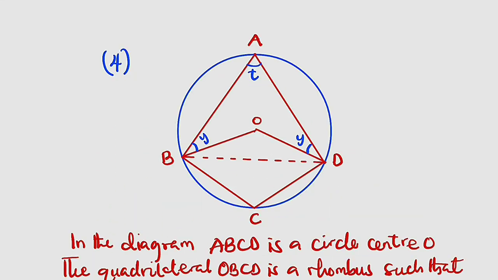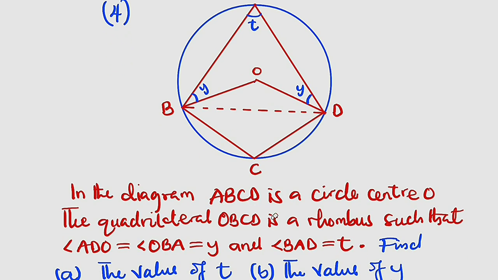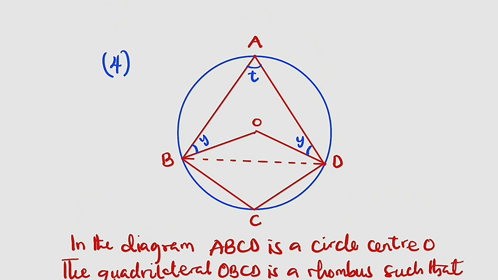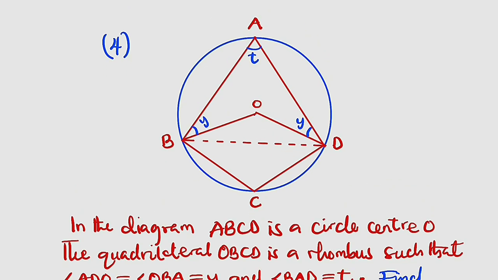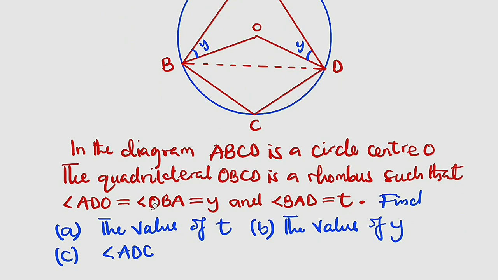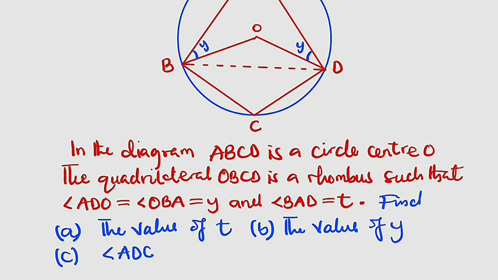Here is our question number 4, which is under circle theory. We're given a circle here, which is ABCD with center O and the quadrilateral OBCD. So this quadrilateral here is a rhombus, such that angle ADO is Y according to them, which is also equal to OBA.